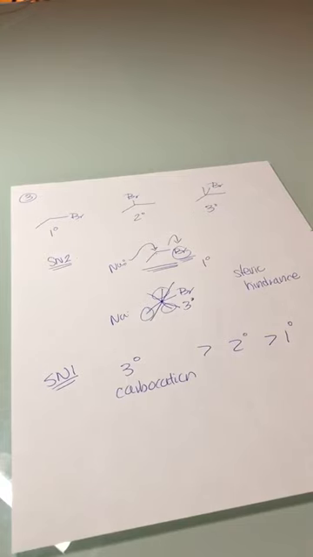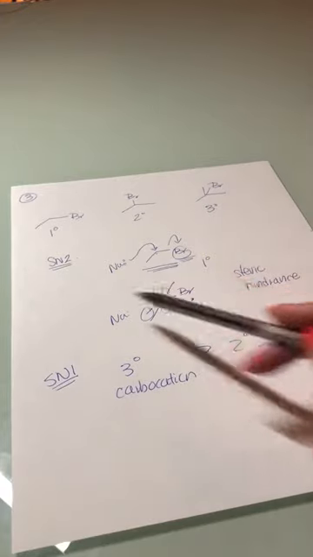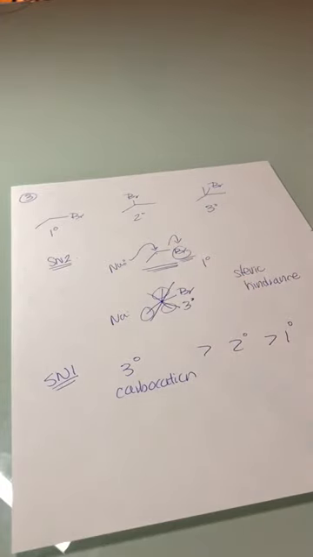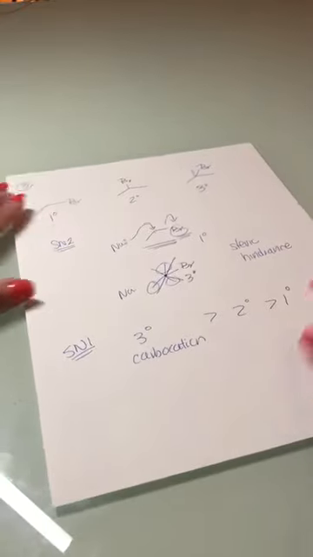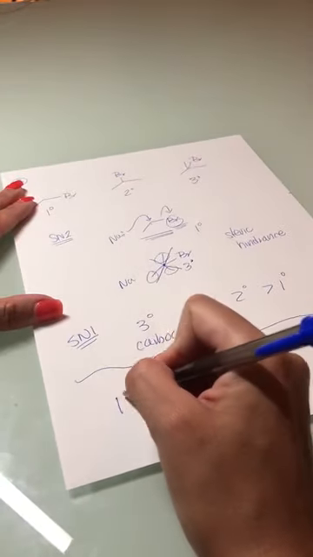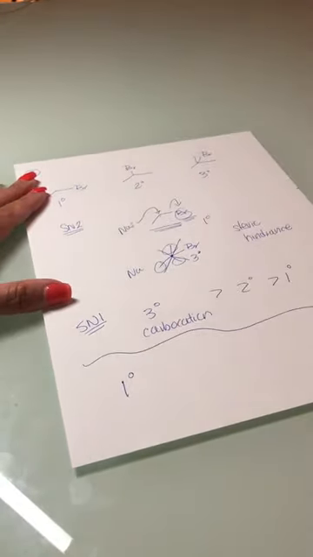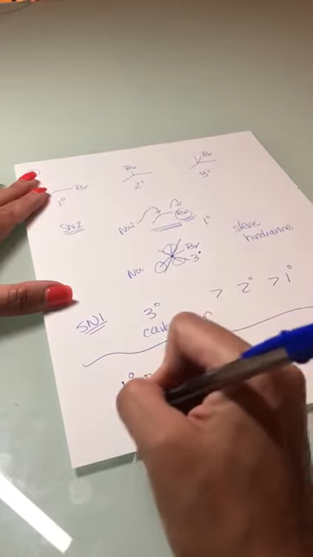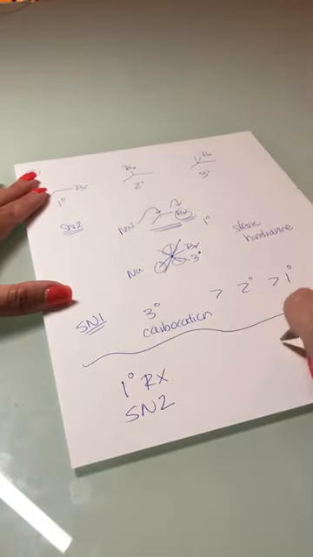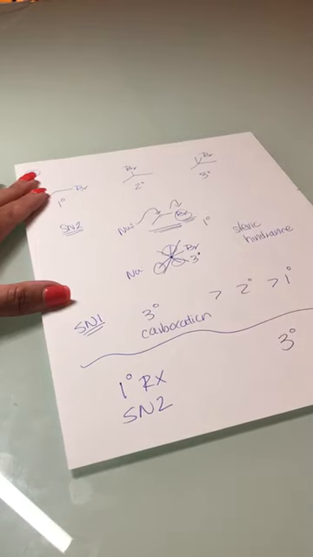And also, the tertiary haloalkanes are protected against backside attack. And the backside attack is what happens in the SN2 reaction. So, in summary, you want a primary haloalkane for SN2 reactions, and tertiary haloalkanes work best for SN1 reactions.